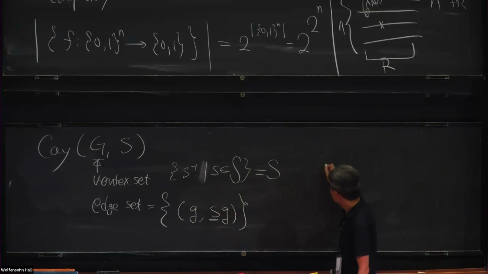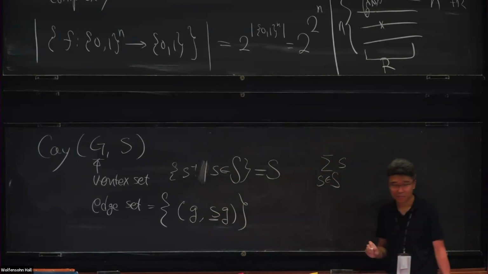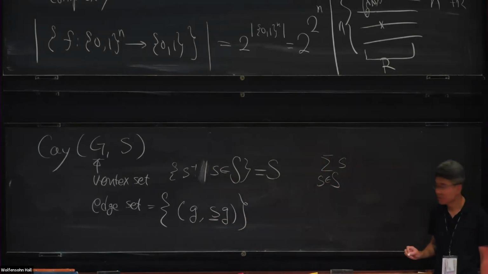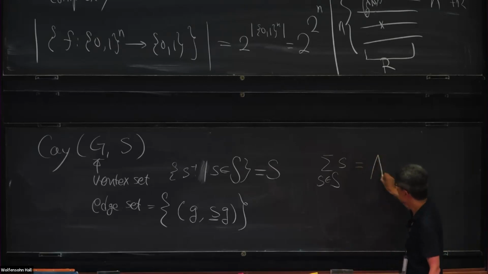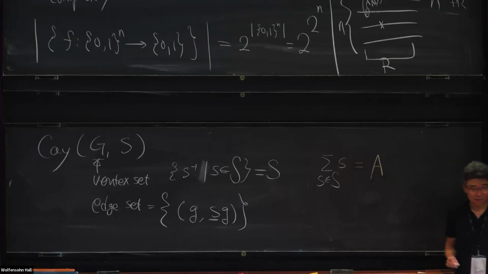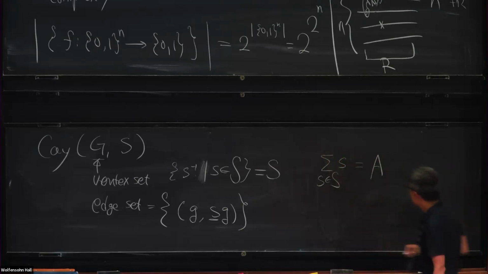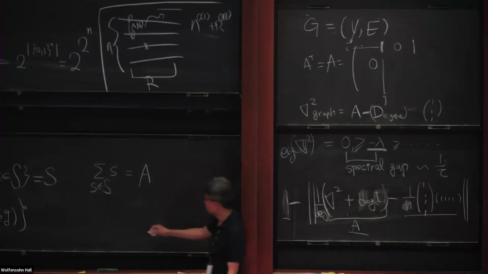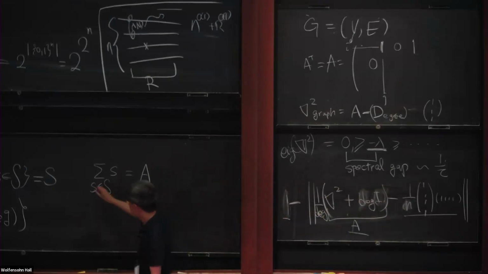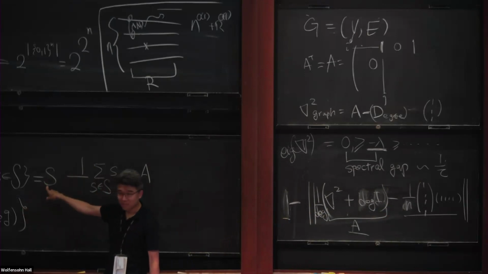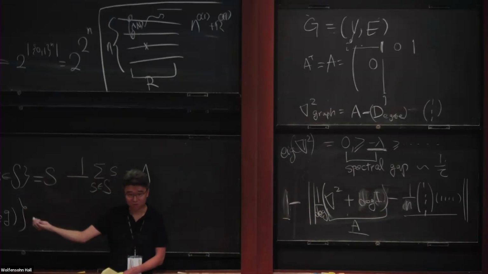So the adjacency matrix is nothing but the sum over all elements in my chosen generating set in the construction of the Cayley graph. That is precisely my linear operator, the adjacency matrix. Okay, so I got the first term. With a proper normalization, I have to divide by the degree, and the degree is equal to the number of elements in S. S tells me who to talk to.